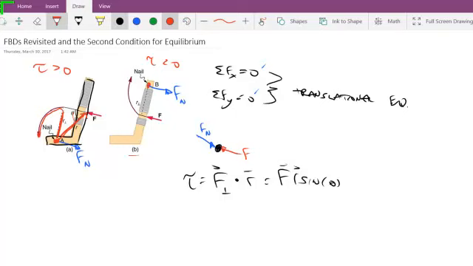So the torque in A would be equal to rF sine theta, or Fr sine theta, either way. This is the torque that force F creates about point A.